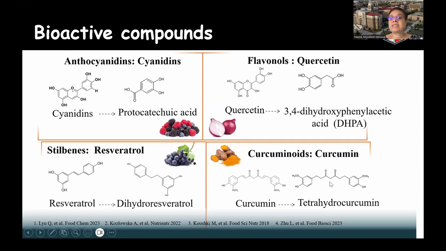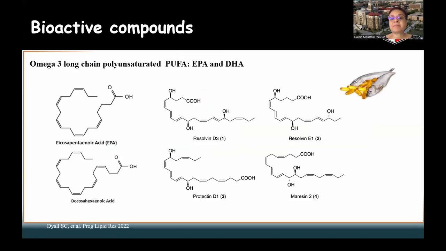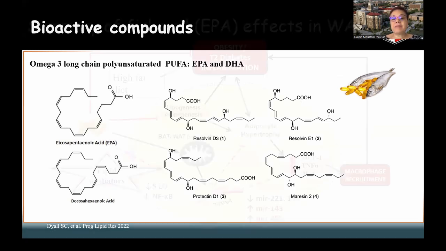So these bioactive compounds can be metabolized by the gut and produce new metabolites that can have health benefits. For example, we have also fish oil that is rich in eicosapentaenoic acid, EPA, or docosahexaenoic acid, or DHA, and these can be metabolized through enzymatic or non-enzymatic mechanisms into resolvins and protectins that are highly effective in reducing or resolving inflammation.